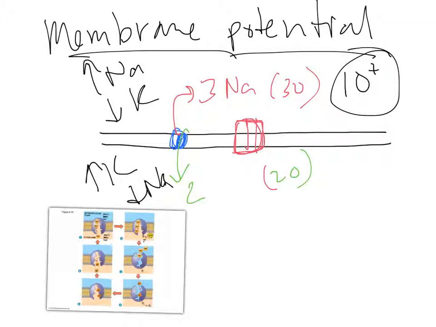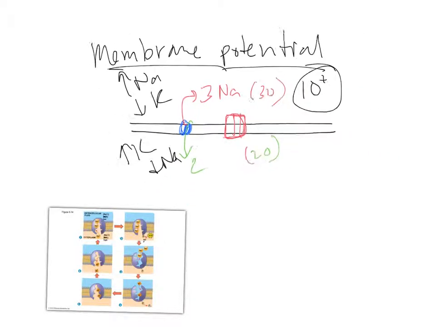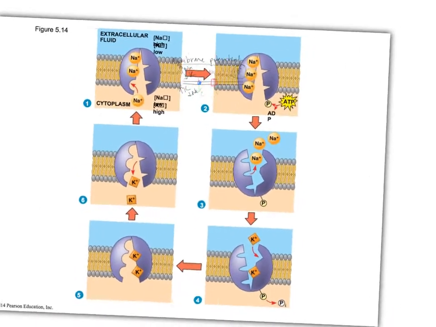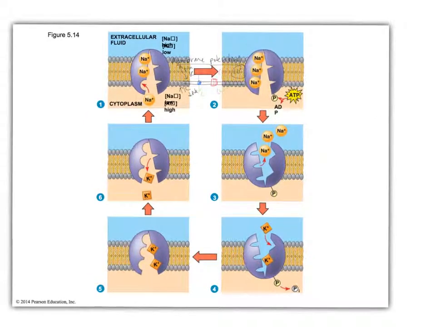Okay? Now that channel closes, what does this? Then this takes over again. The channel closes, and then this type of transport takes over to help recreate the membrane potential. Okay? So in certain cells, this is important. What cells is this important for? Emily? Muscles. All right?